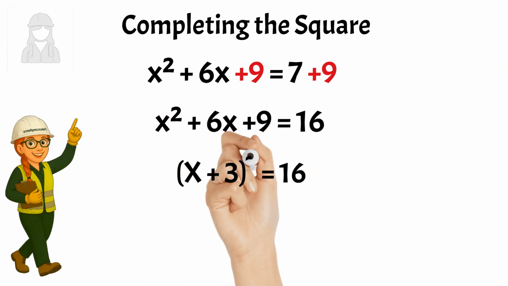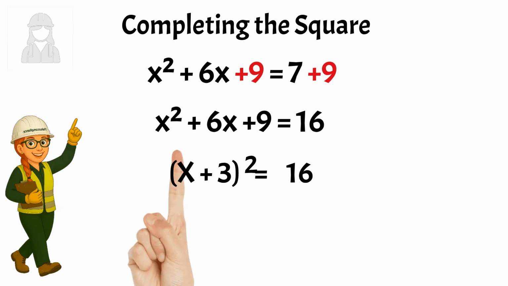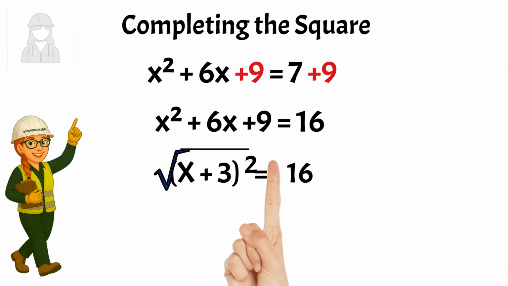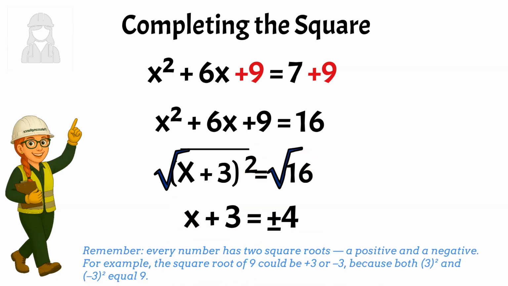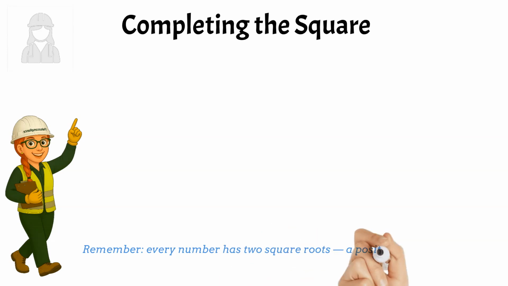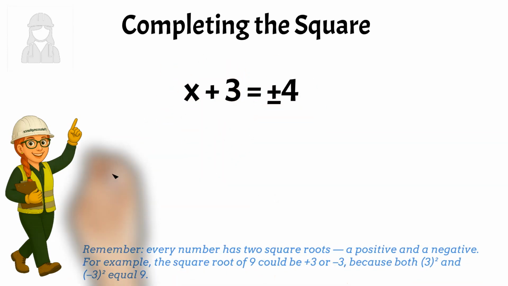Step 5. The left side is now a perfect square trinomial that factors as x plus 3 squared equals 16. Step 6. Take the square root of both sides. X plus 3 equals plus or minus 4. Step 7.